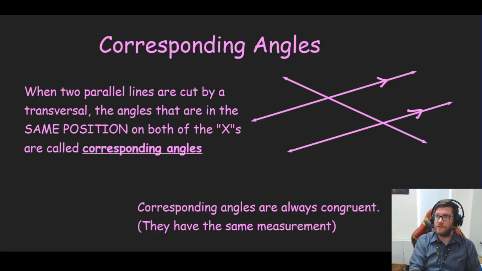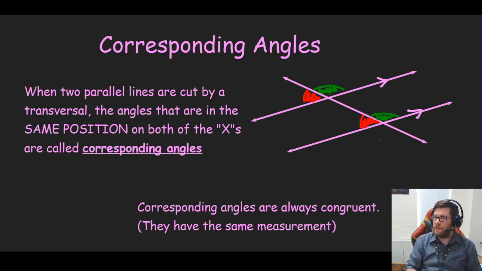So I'm going to use some colors and see if we can sort of identify where these are. So if we take a look at this angle here, that is in the same position as this angle here. Likewise, if we take a look at this angle here, this is in the same position as this angle here.